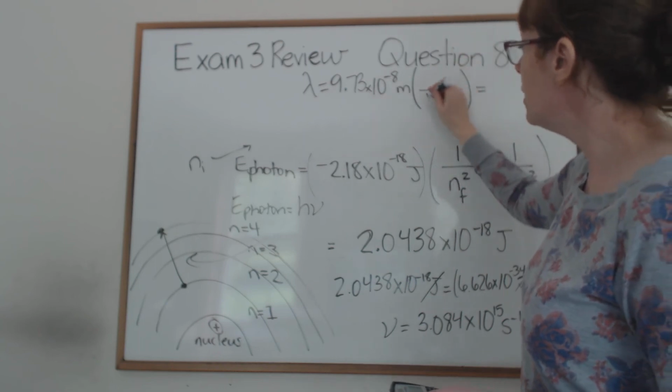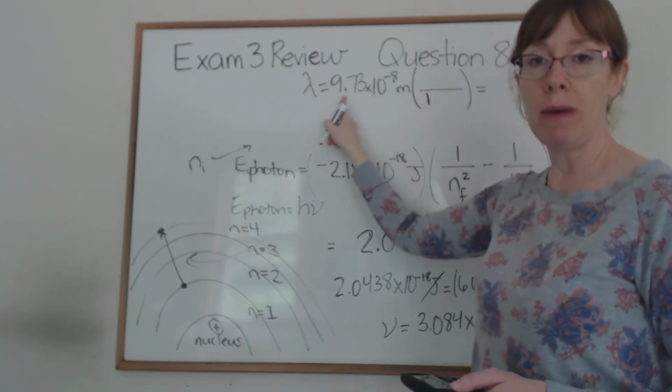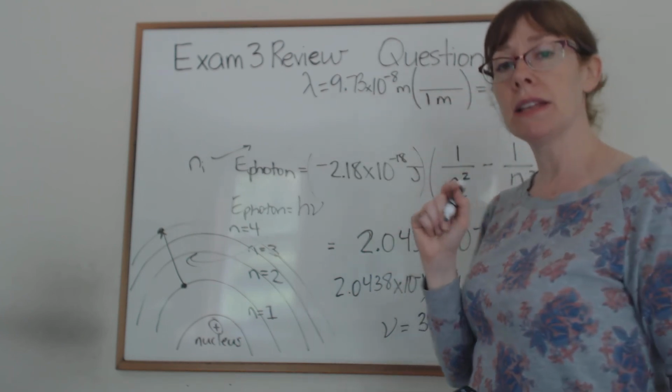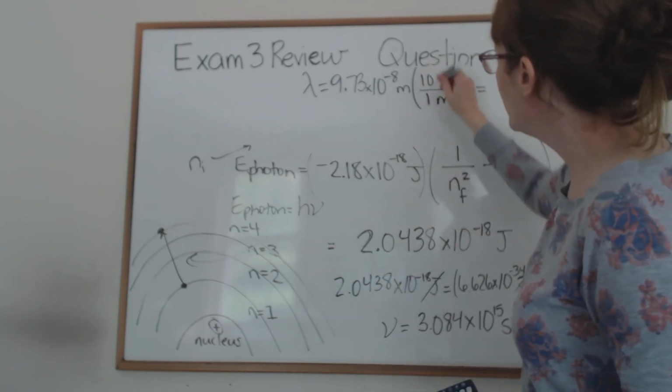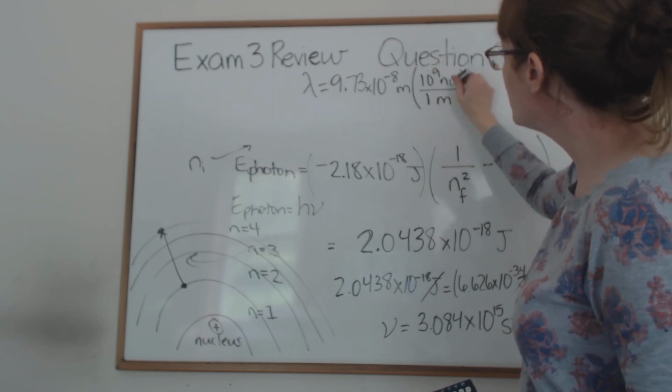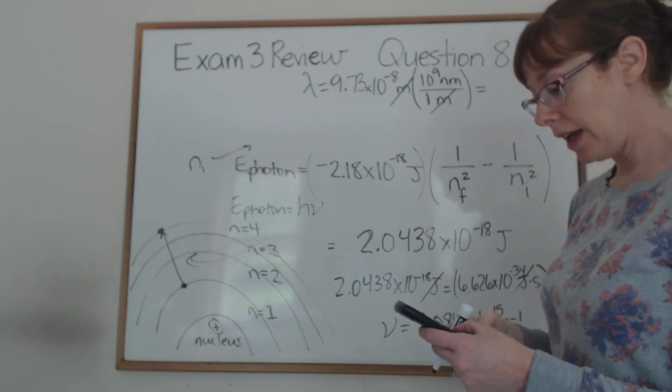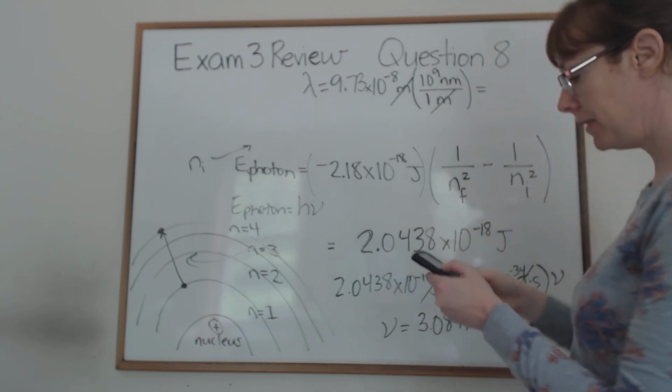Let's choose nanometers here. I would have accepted this for an answer, by the way, because that is the right answer. But I think on the answer key, I put it in nanometers. So in every 1 meter, there's 10 to the 9th nanometers. So times that by 10 to the 9th, and you will get the right answer. I'm getting 97.